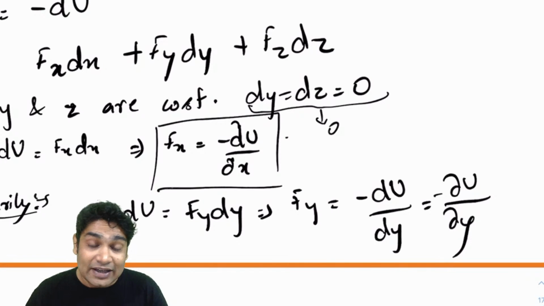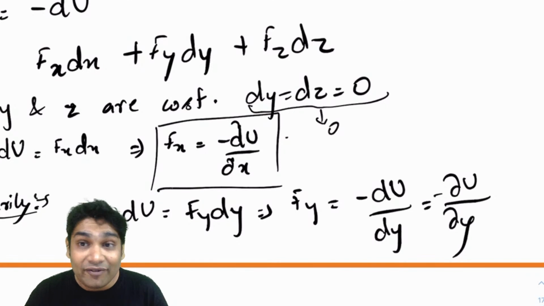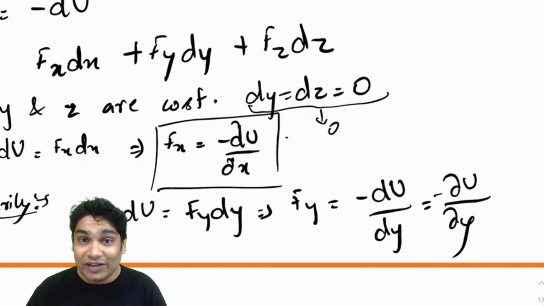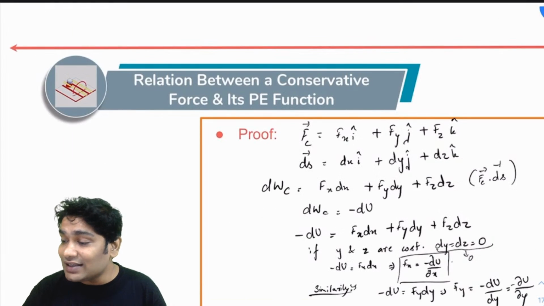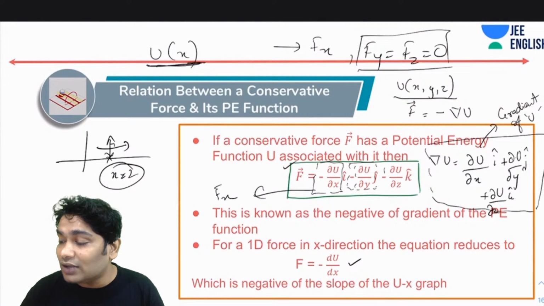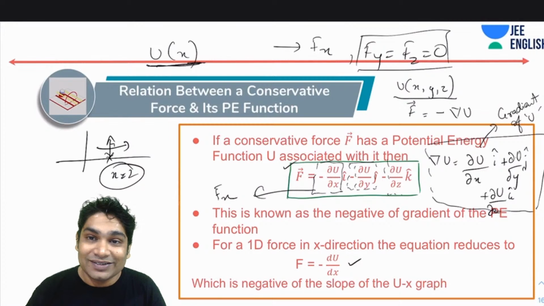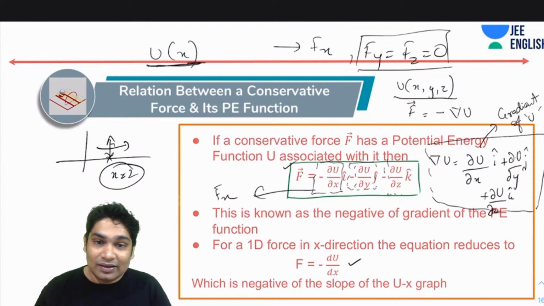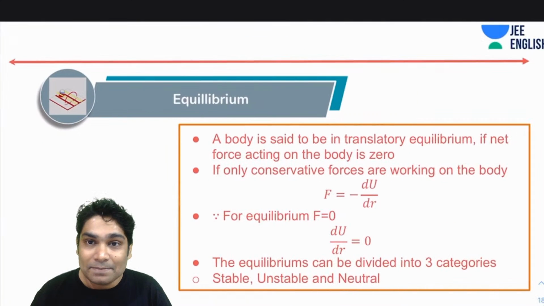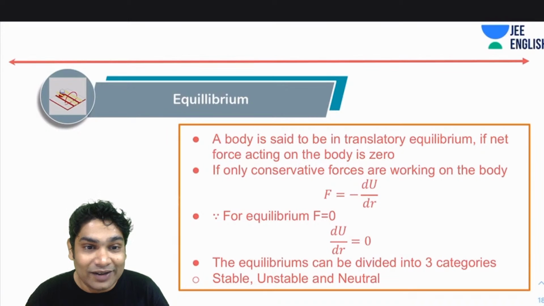So I'm getting Fx as minus del u over del x, my Fy as minus del u over del y, and Fz as minus del u over del z. That is what this is eventually. This is your Fx, the x component of the force. Similarly, this is the y component of the force, and this is the z component of the force. So that is what I'm doing. I hope you guys followed how I proved this.